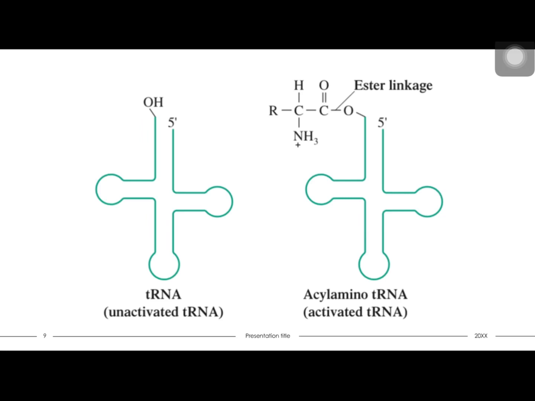Our tRNA is not activated if there is no amino acid attached to it. So the activation of tRNA is composed of two processes. First, an amino acid interacts with ATP to become highly energized. For example, the amino acid MET will interact with an ATP to become highly energized.